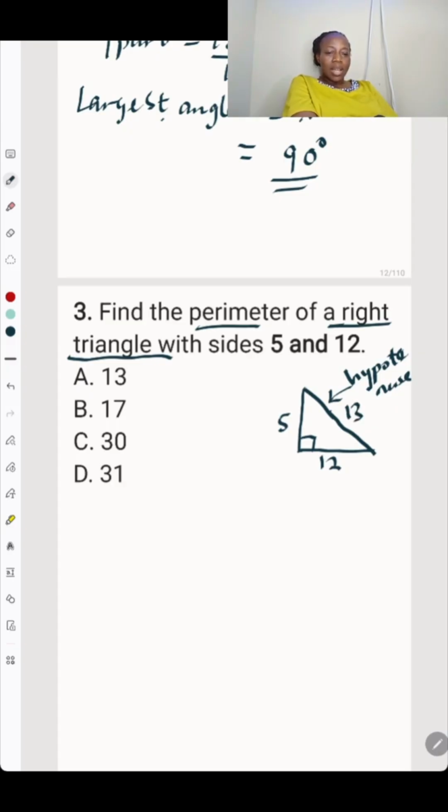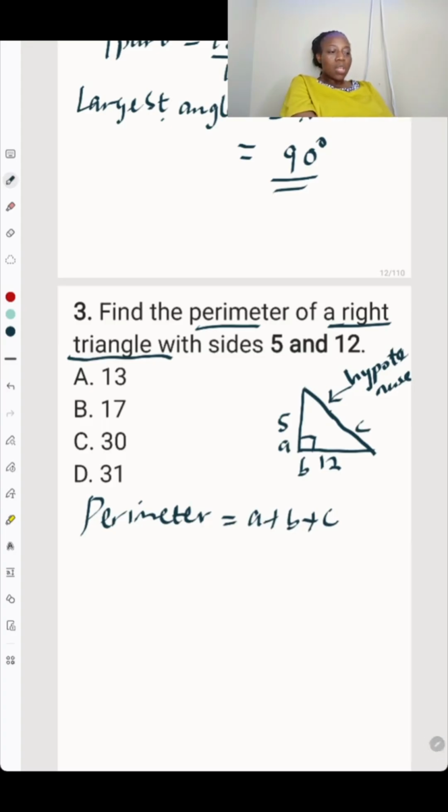How do we get that? Perimeter should be the addition of all the sides, right? That should be A plus B plus C. So we need to find C. How do we find C?